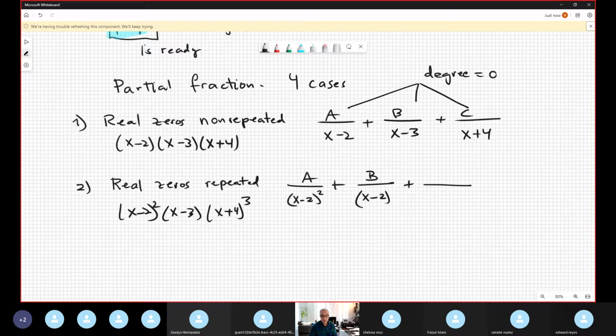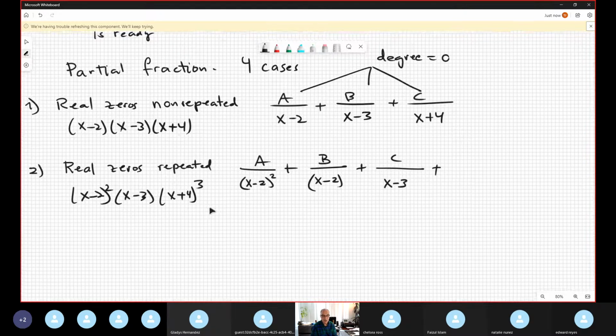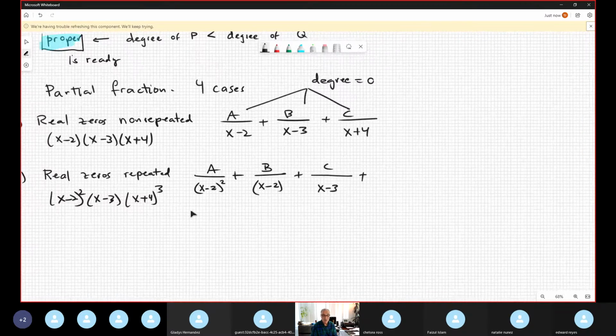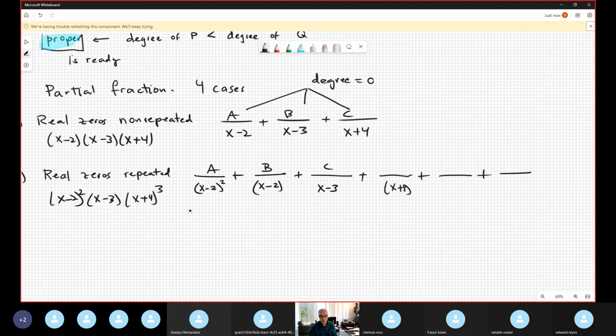Plus x minus 3. It's non-repeated, so I put only one expression. But for the complicated one, x plus 4 cubed, in the partial fraction decomposition you divide this into 3 pieces: x plus 4 cubed, x plus 4 to the second power, and x plus 4 to the first power.